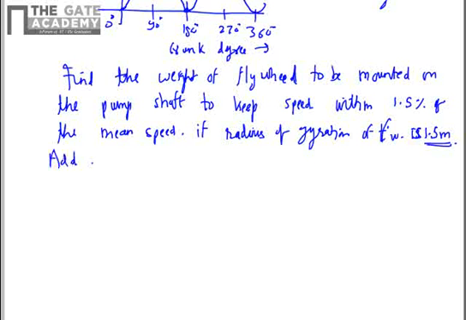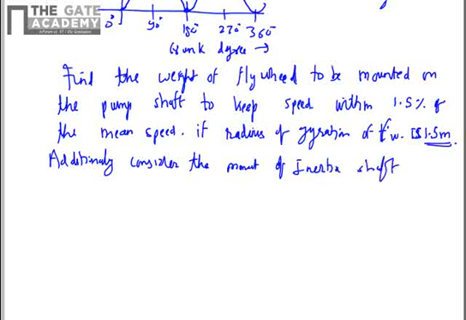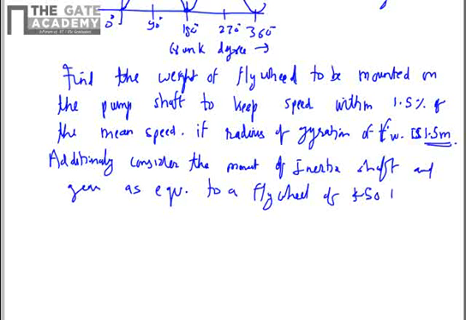And additionally, consider the moment of inertia of the shaft and gear as equivalent to a flywheel of 450 kg mass and radius of gyration 1 meter.